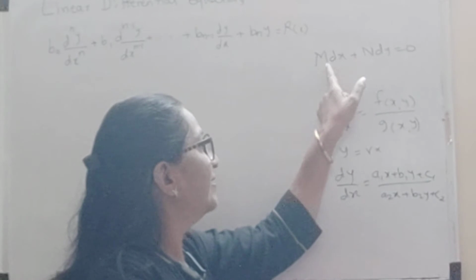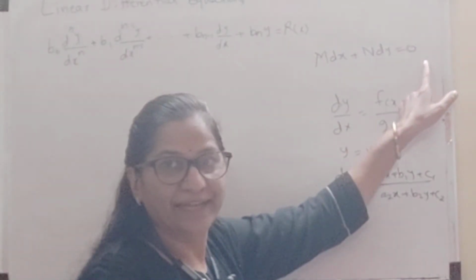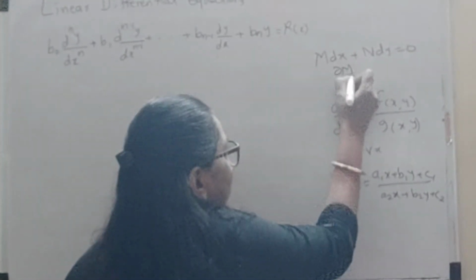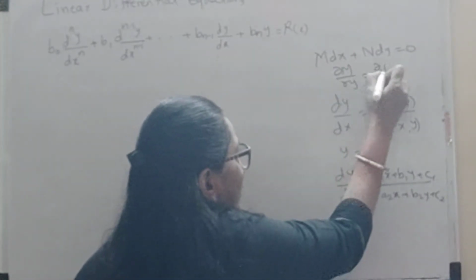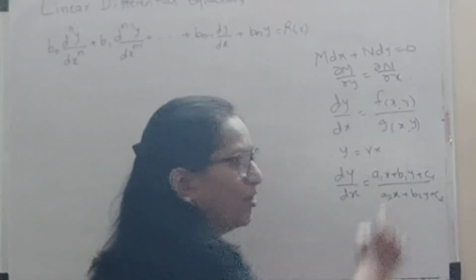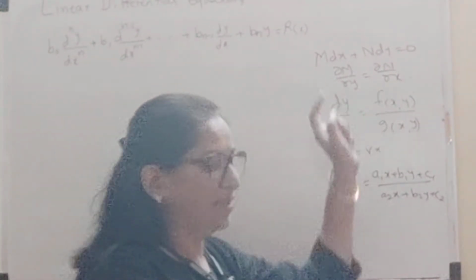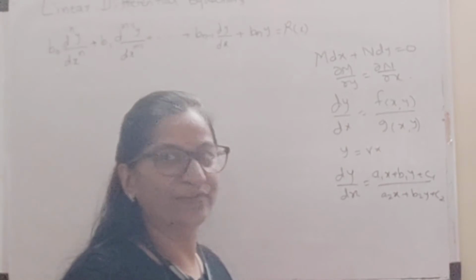This differential equation is said to be exact if it satisfies the condition del M by del y is equal to del N by del x. We already studied all these things. So if so, then directly we try to find the solution.